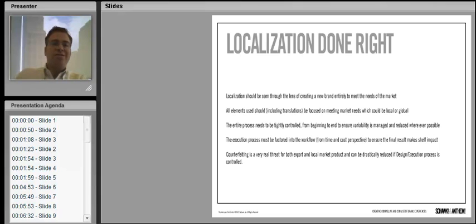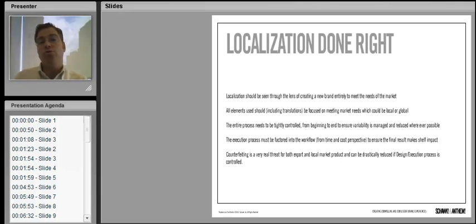So getting localization done right, how do you do it? I think it needs to be looked at in the same lens as you look through creating a new brand. Because in essence you are. Obviously if it's a product that's been in the market for a while and there's some brand history like Febreze or like SC Johnson wax with the Glade item and some other products that they have in market, it works there because people know the brand.